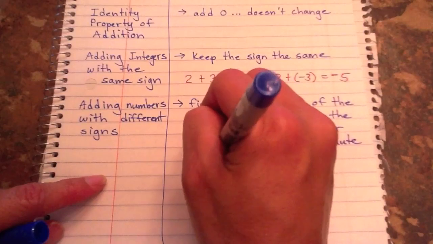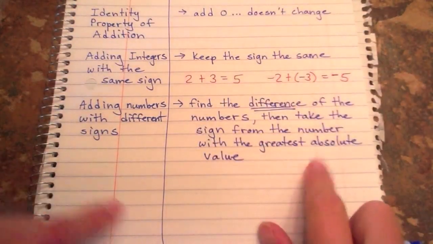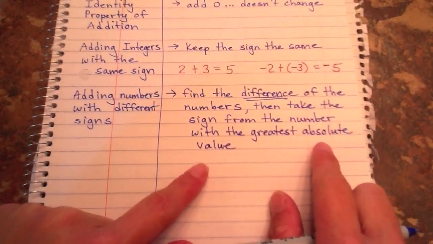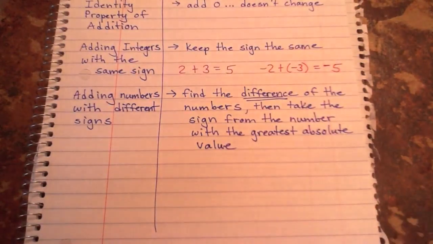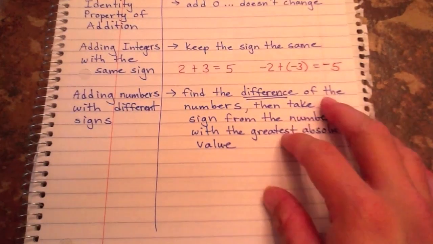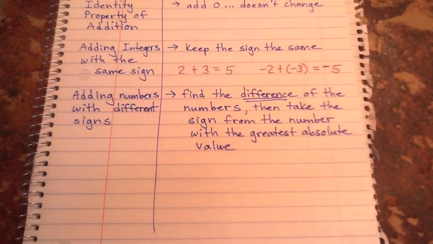And again, all I mean is the number that's larger if you weren't looking at the sign of it. So if they were both positive, which one's bigger? And then the one that's bigger is the one that you take the sign from.